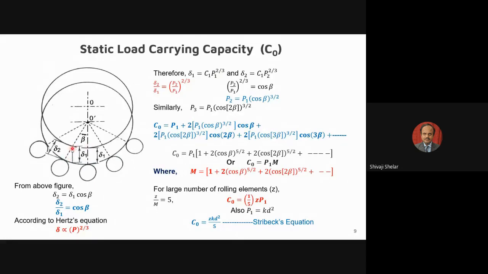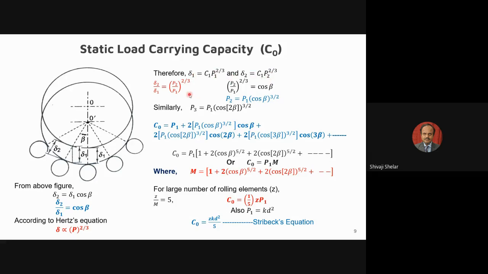Similarly, the radial deformation, delta 2, can be written again. The material is the same, the situation is the same, so the constant will remain the same. Only the radial support reaction will change, that will be P2 raised to 2 by 3. Now again you can take a ratio, delta 2 by delta 1, and the constant will get cancelled out.